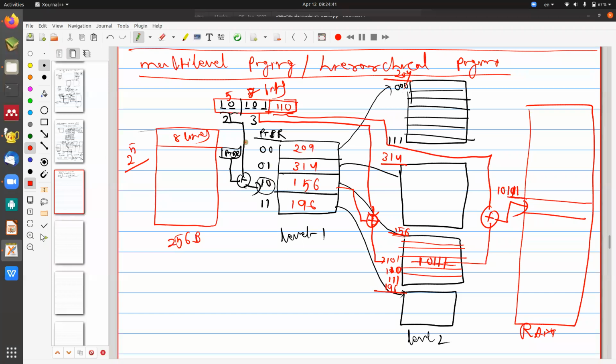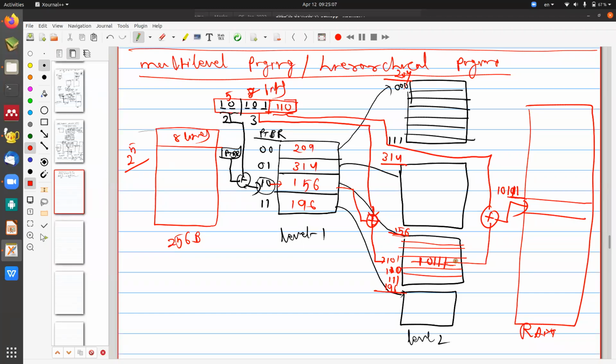Then once you get this 10, it will be combined with PTBR, get this particular line. Here the base address of the second level page table is written. So second level page table 156 is written. But which line of this page table you are going to, who knows? This 101 knows. And this 101 and this 156 combine and come to this location or not.